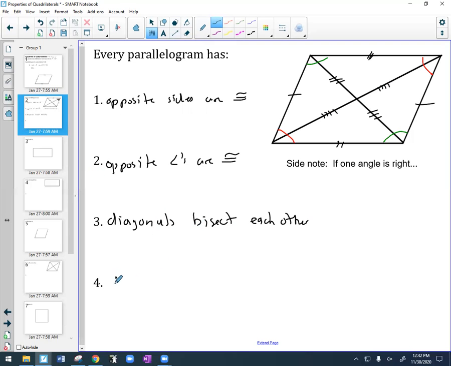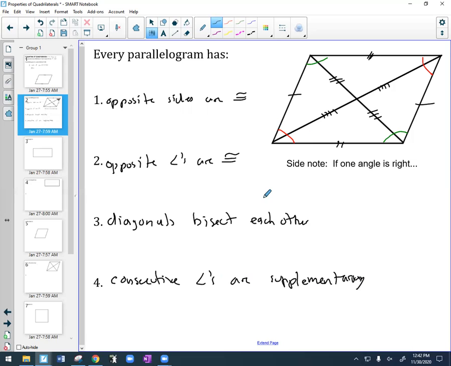And consecutive angles are supplementary. That's because if these lines are parallel, then these two angles add up to 180. That's a property from parallel lines.